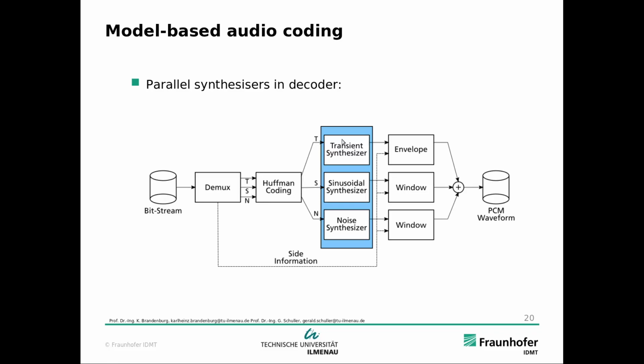Here we have the transient synthesizer, so the temporal shape, the sinusoidal synthesizer, which produces the sinusoids, and this produces the noise. And then all together are added up to the complete audio signal. So out comes the reconstructed flute. Right.